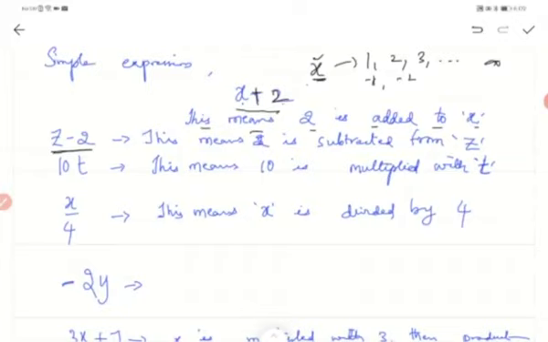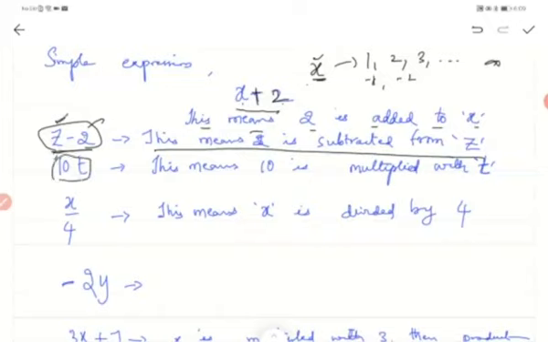Remember these are the statements for the expressions, that is, the meaning of the expression said in the form of a statement. So for z minus 2, you can say 2 is subtracted from z, or from z 2 is being taken away. So the terms you need to use properly.